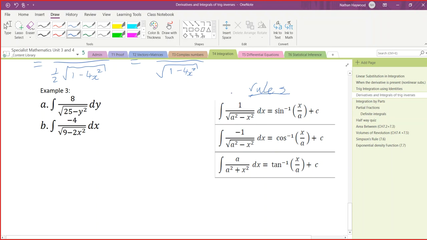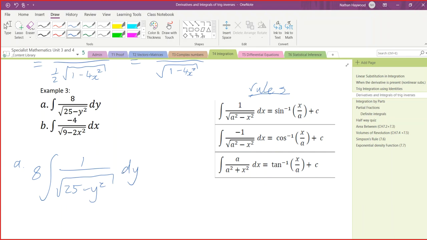Okay? Now if we have a constant in an integral, what can we do with a constant? Bring that out the front, we've got 1 over square root 25 minus y squared dy. Now we've got a number minus y squared. So what's the a value? Yeah, well done, 5.